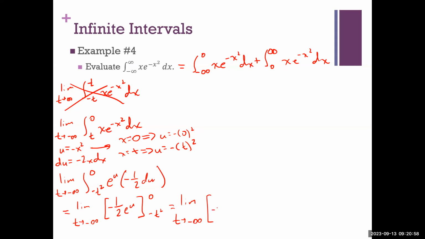So if I plug in 0 for u, I get negative 1/2 times 1, right? And then minus negative 1/2 e to the negative t squared, right?